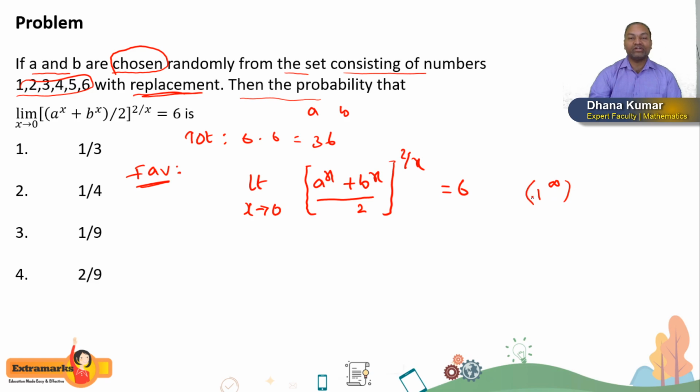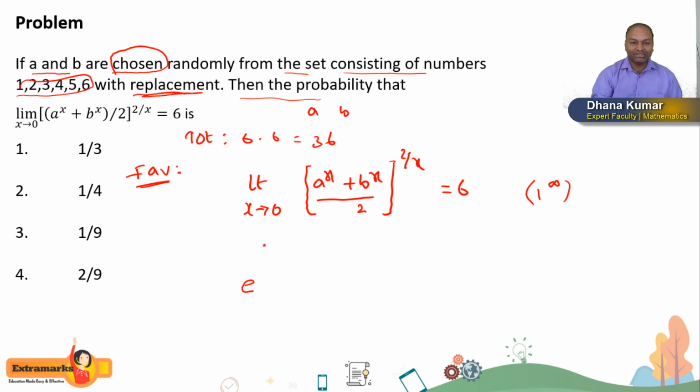Means the given question is in the form of 1 power infinity. Is 1 power infinity equal to 1? No. This is an indeterminate form. For 1 power infinity there is a procedure, and one formula also is there. Instead of memorizing that formula, f of x, g of x formula, it is there in our reference book.